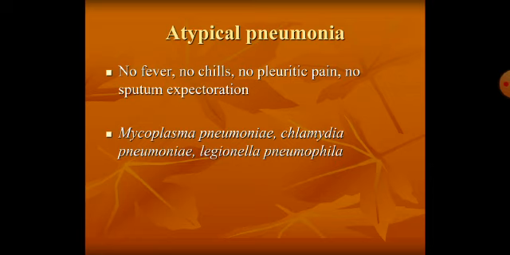So, which are the other organisms known to cause atypical pneumonia? Apart from Mycoplasma pneumoniae, we have Chlamydia pneumoniae and Legionella pneumophila. And sometimes we fail to isolate the organism from the sputum sample. Atypical pneumonia usually asks for 3 marks.